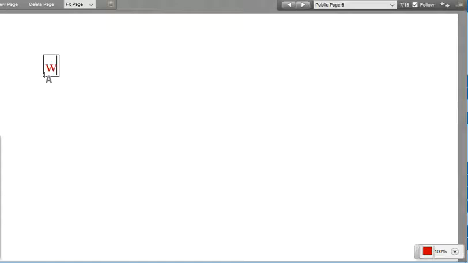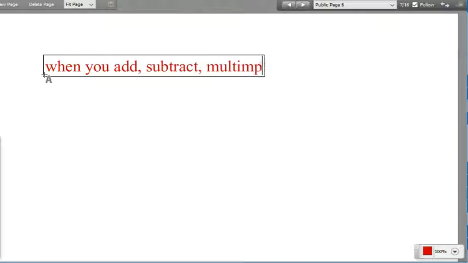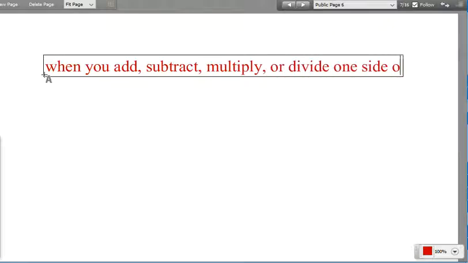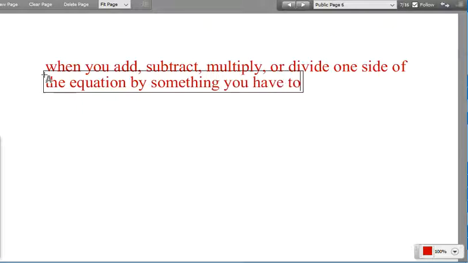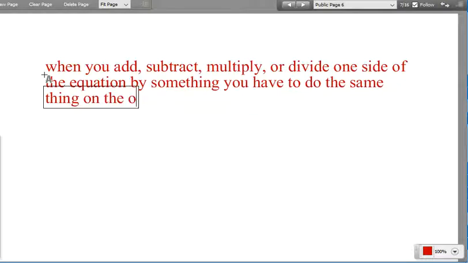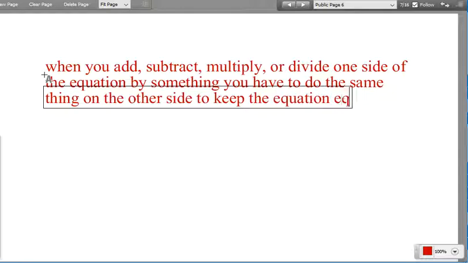And I'm going to even type it. When you add, subtract, multiply, or divide one side of the equation by something, you have to do the same thing on the other side to keep the equation equal.